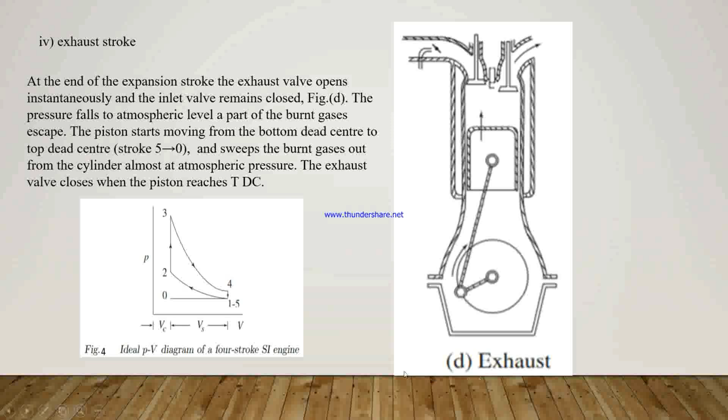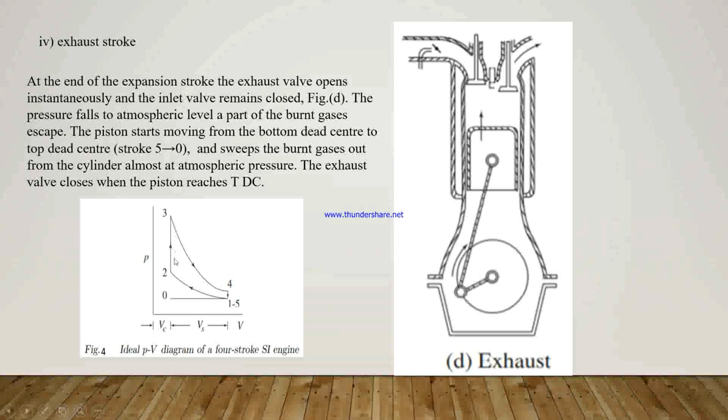Here in figure number 4, the ideal PV diagram of the four-stroke SI engine, we see the processes. 0 to 1 is the suction stroke, where air-fuel mixture enters the cylinder through the inlet valve. 1 to 2 is the compression stroke, where the mixture is compressed, and because of compression the pressure and temperature increase.